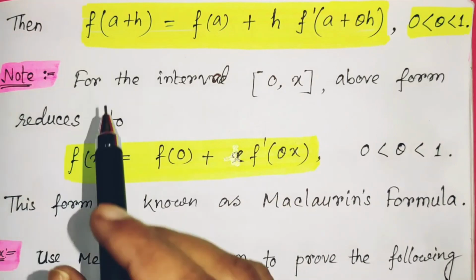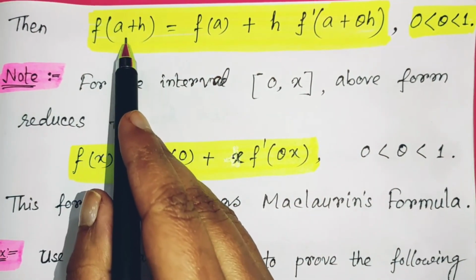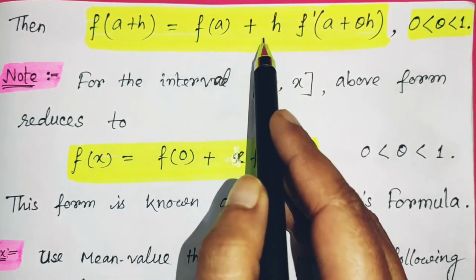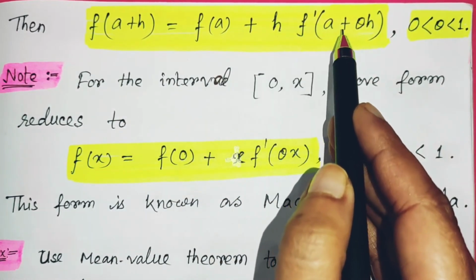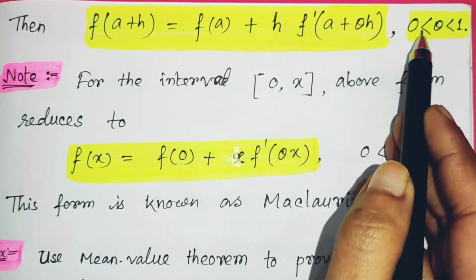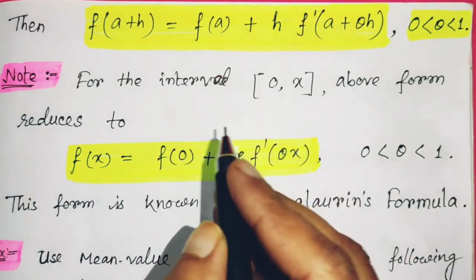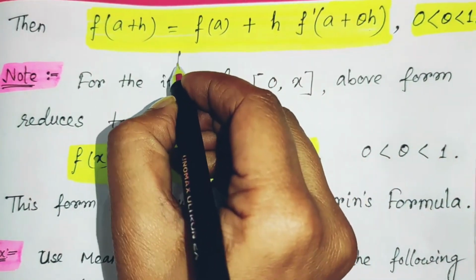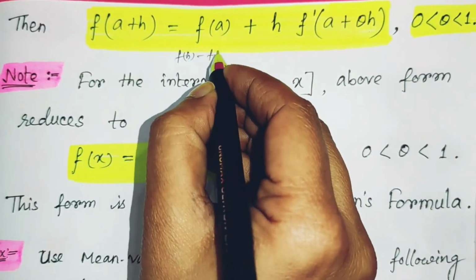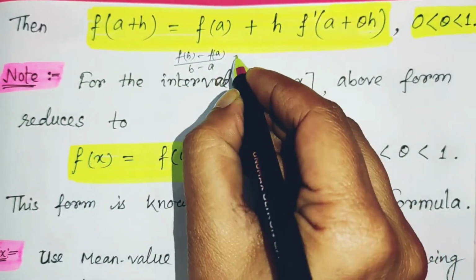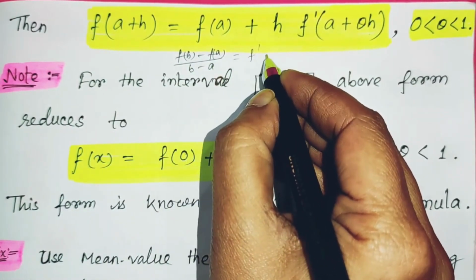Then, f of a plus h, instead of b, we should substitute a plus h, is equal to f of a plus h into f dash a plus theta h, where theta lies in between 0 and 1. Just remember that our form is f of b minus f of a divided by b minus a, is it not? So that one is equal to f dash c.